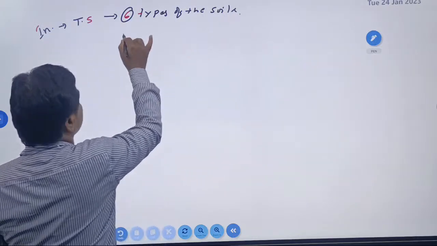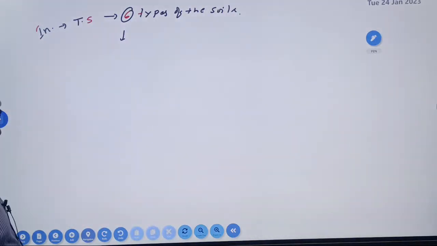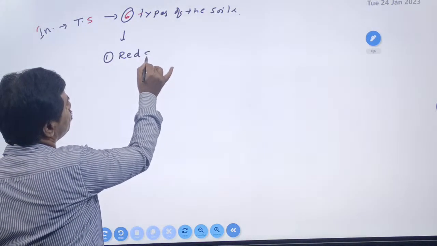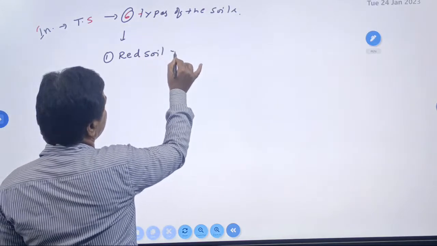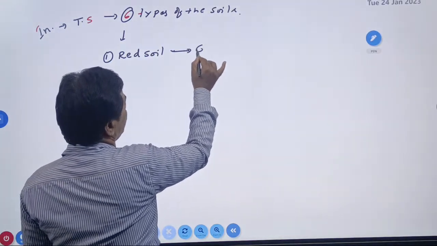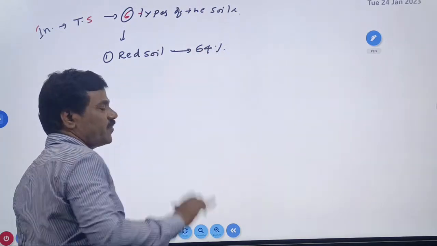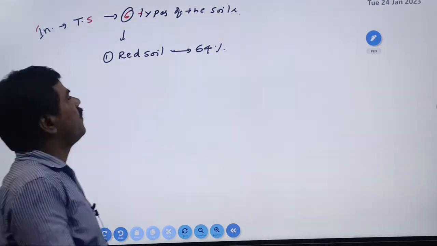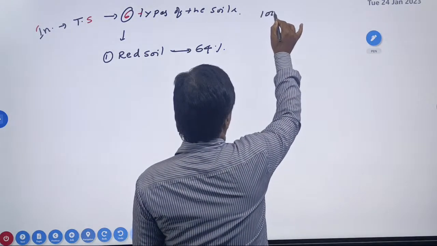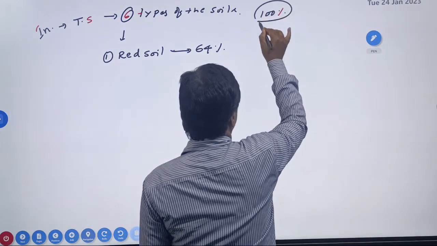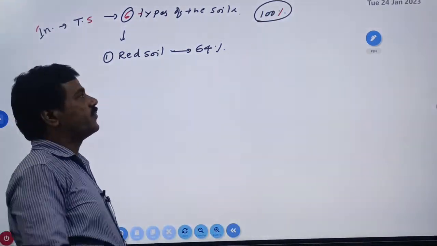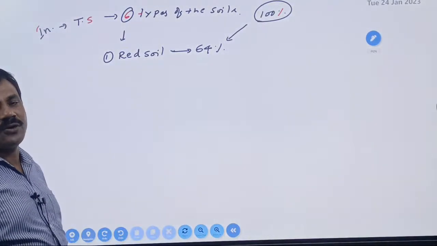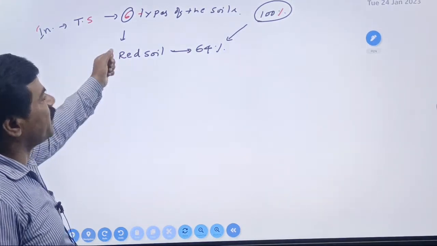The first one is red soil, which occupies 64% of the total soil of Telangana. In Telangana, taking the total surface of the soil as 100%, 64% belongs to the red soil.